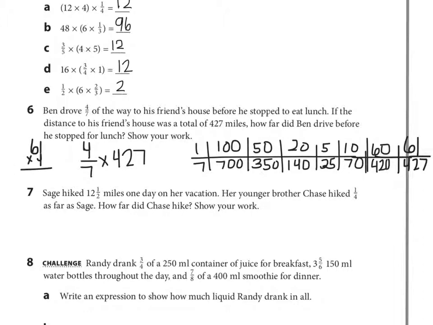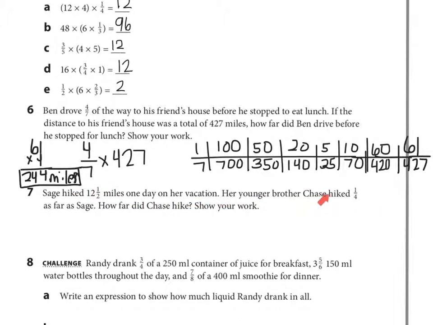And this equals 244. So my answer would be 244 miles is 4/7 of the way of 427 miles.